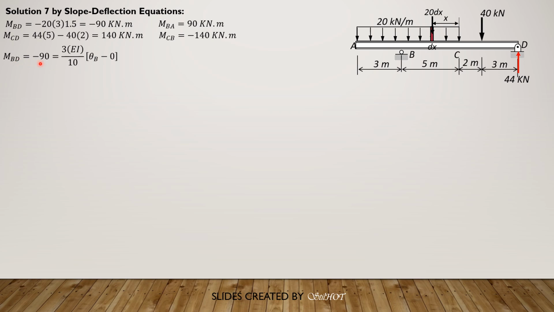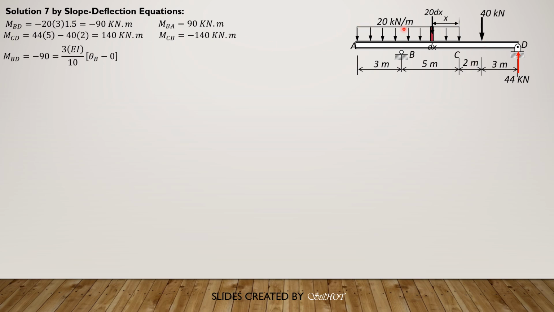Theta near is theta B minus P. There is no rotation of the chord BD because B and D are supports, so it is just 0. Delta is 0 divided by 10, so that is still 0. Then minus fixed moment at the left. Fixed moment at the left consists of fixed moment due to this load and this concentrated load here.